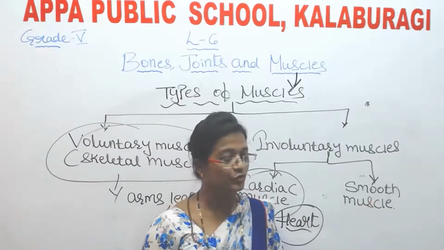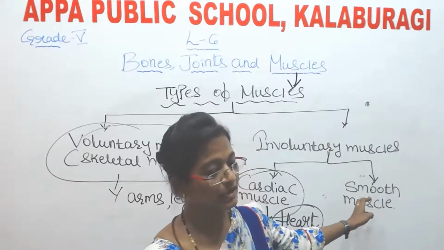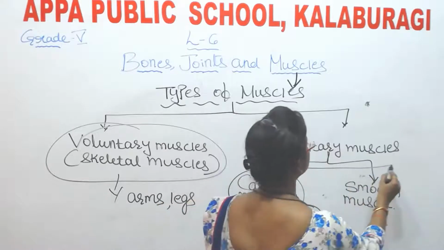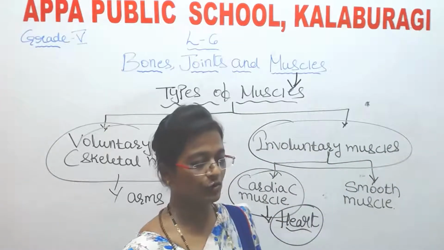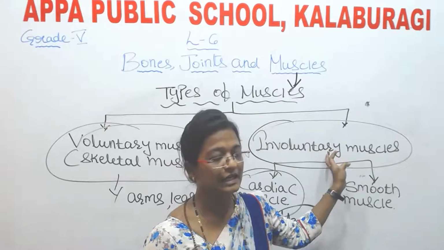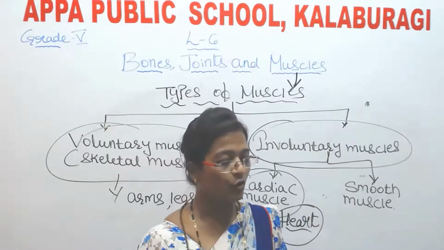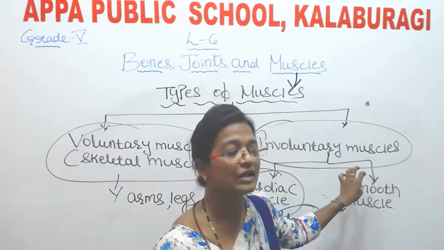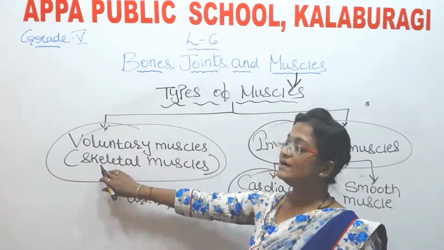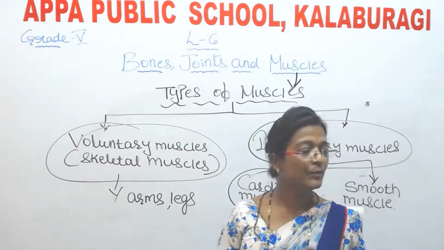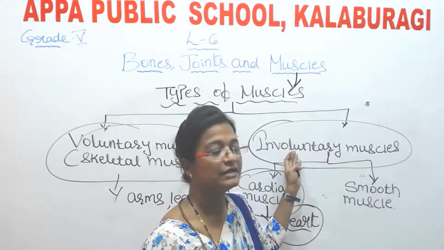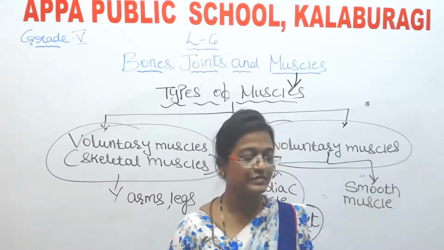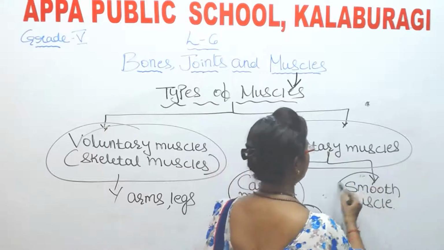What about smooth muscles? These muscles are also not under our control. They work on their own and are not connected to the bones, whereas voluntary muscles are connected to the bones. Where do we find smooth muscles?